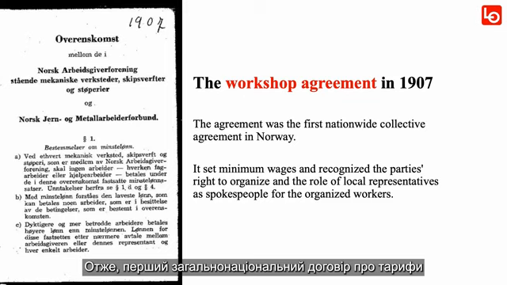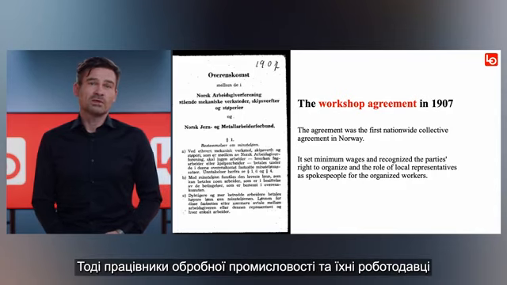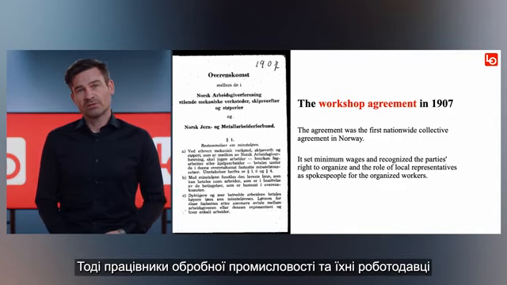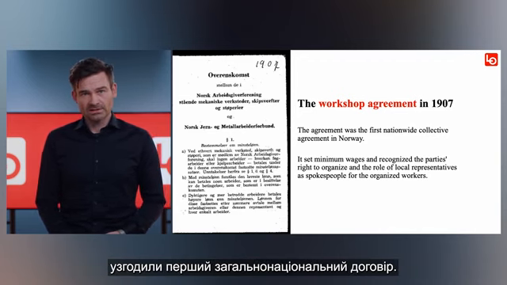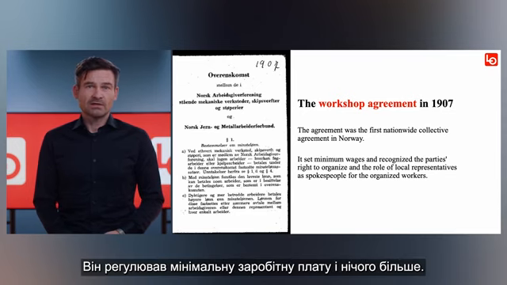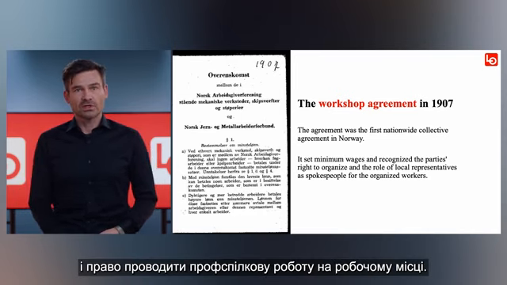So the first nationwide tariff agreement came into place in 1907, where the workers in manufacturing and their employers agreed upon the first nationwide agreement. It regulated the minimum wages, but that's all. But most importantly, they also regulated the right to organize and the right to do union work at the workplace.